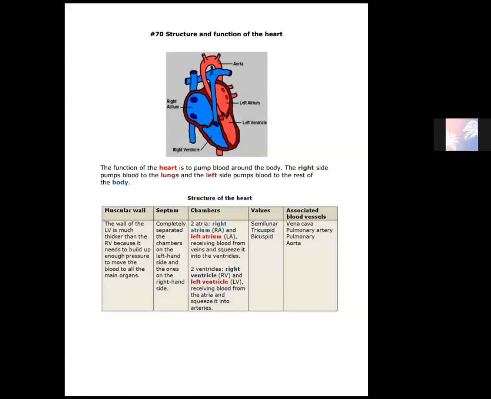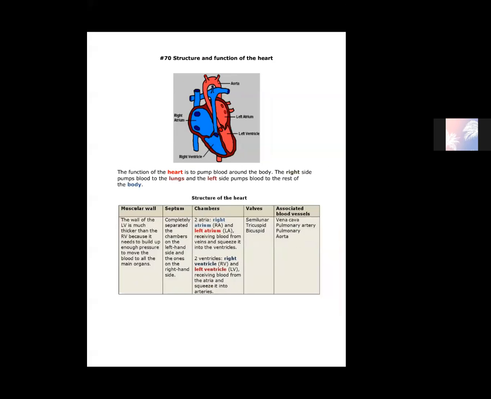And the structure and function of the heart: the four chambers are the right atrium, left atrium, left ventricle, and right ventricle. On the left side, oxygenated blood is circulated. On the right side, deoxygenated blood.